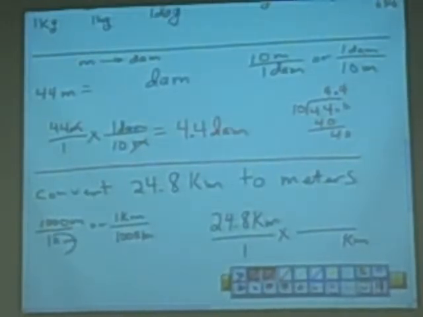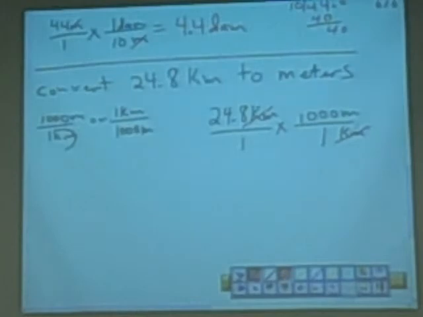That one. Yeah, you want the kilometers to cancel, right? So you've got to put the 1 kilometer in the denominator and 1,000 meters in the numerator so that the kilometers cancel. So that's how you can tell if you're going to multiply or divide by 1,000, because the units force you to do it correctly.